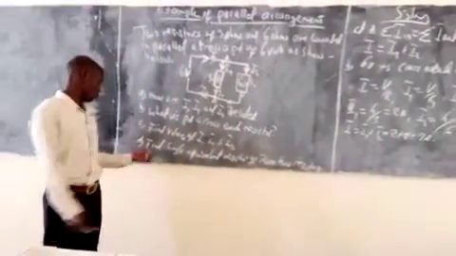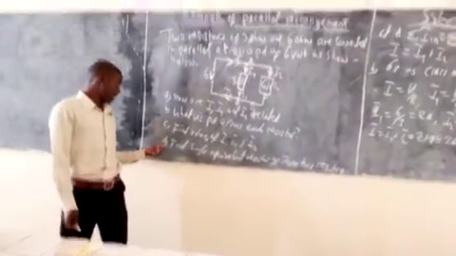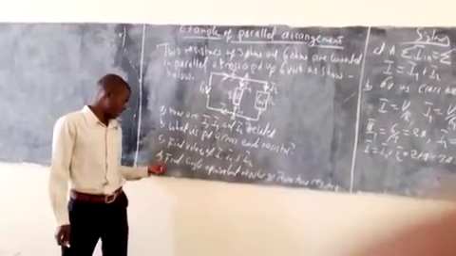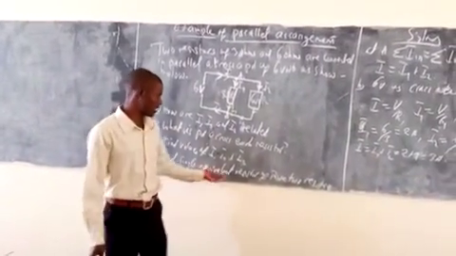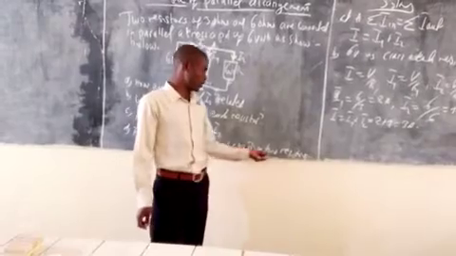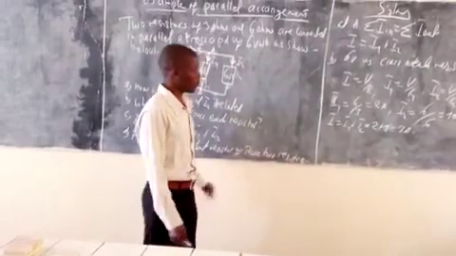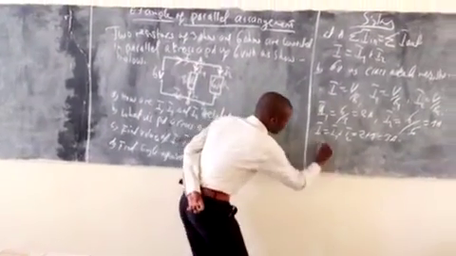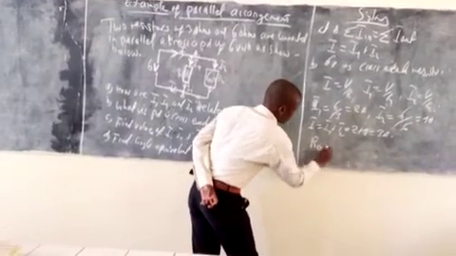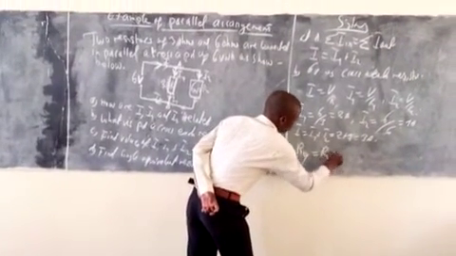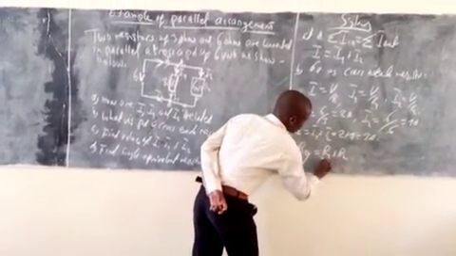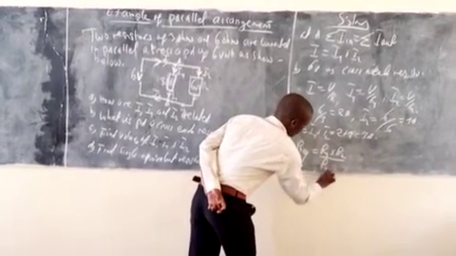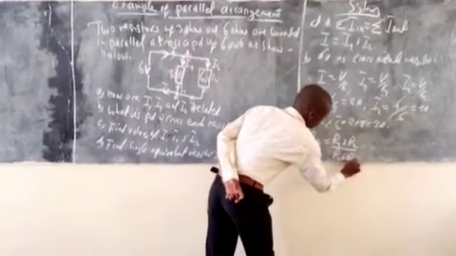Now, number D says find the single equivalent resistor of these two resistors arranged in parallel. We have said that the equivalent R will be equal to R1 times R2 divided by R1 plus R2.